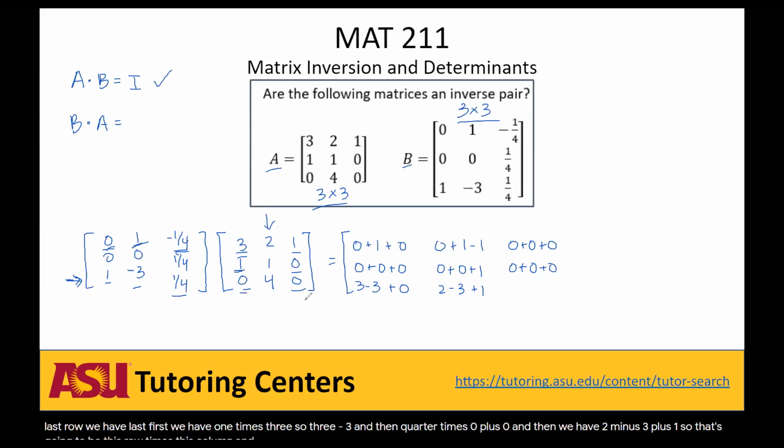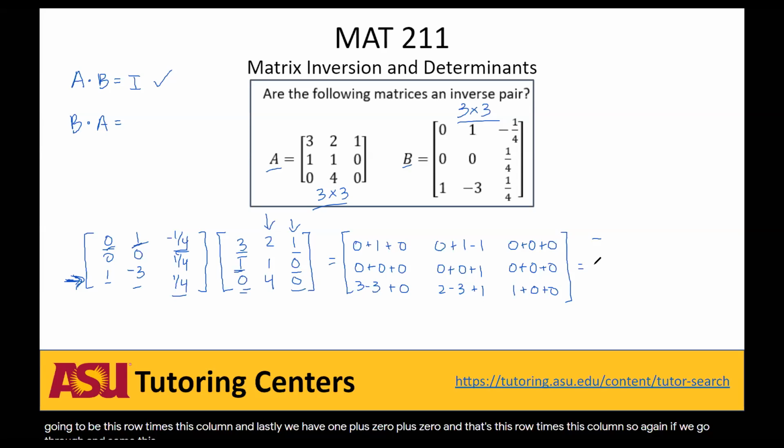And lastly, we have 1 plus 0 plus 0, that's this row times this column. Again, if we go through and sum this, we find that we have our identity matrix. So we can say that B times A also equals the identity matrix.